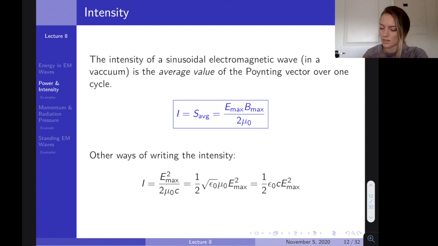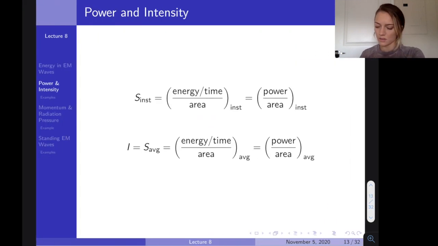And now obviously you can rewrite this in a bunch of different ways, since mu naught is related to c and epsilon naught, and B is related to E and c. So these are just some other ways of writing it. Whichever way is most appropriate for your problem, depending on the numbers and variables that you have, use whatever.